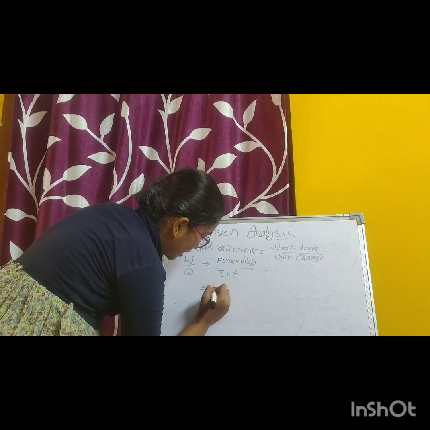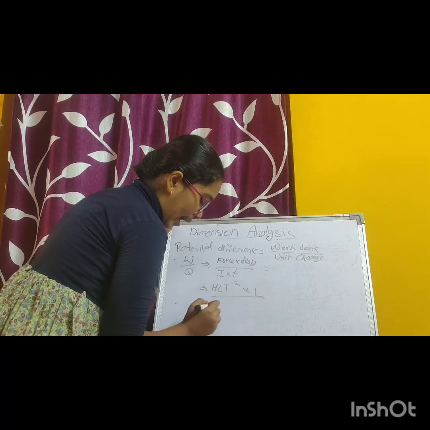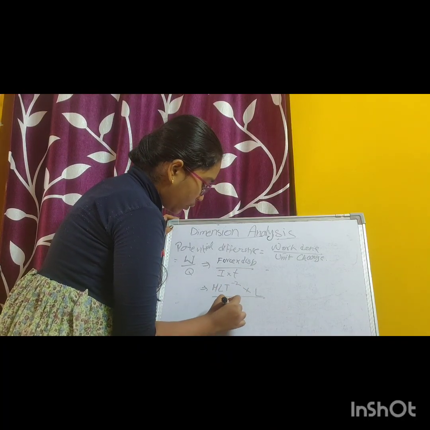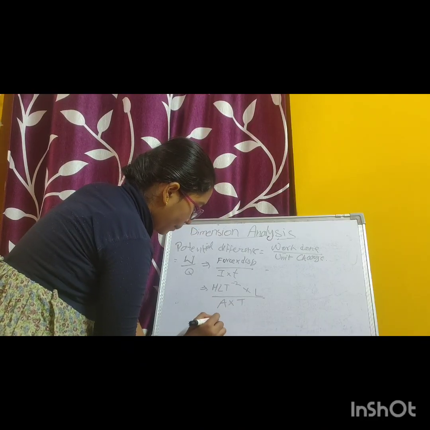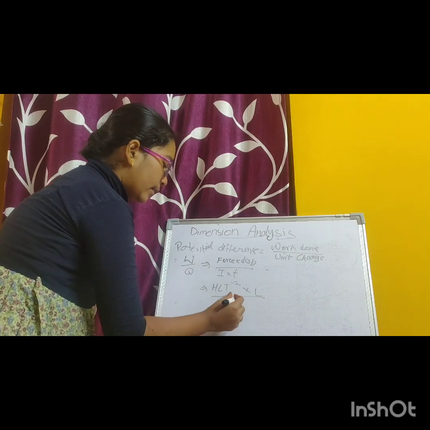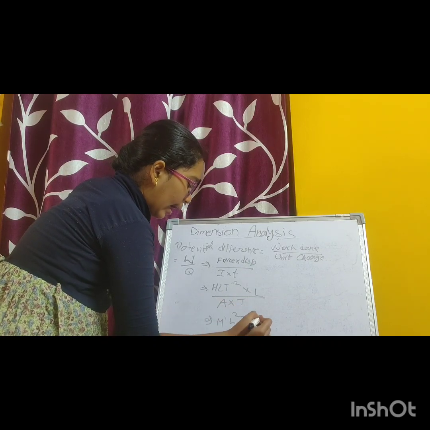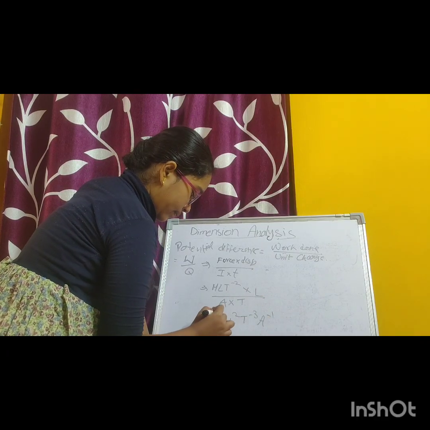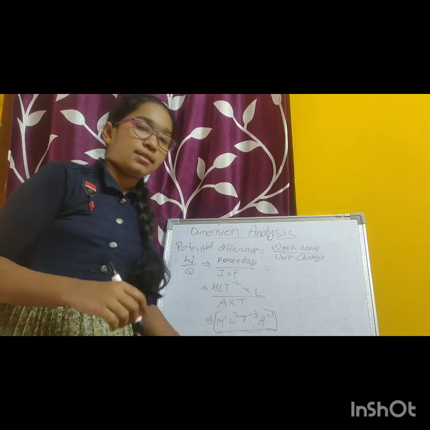It is M L T power minus 2, displacement L, and I, which is current, so ampere, A, into T. The simplification of this will be M power 1, L into L is L square. If this T goes to numerator, it will become T power minus 3, and A goes to numerator, it will become A power minus 1. This is the dimensional formula of potential difference.